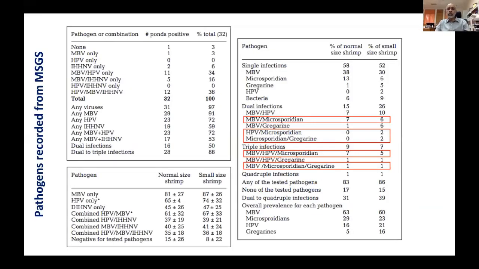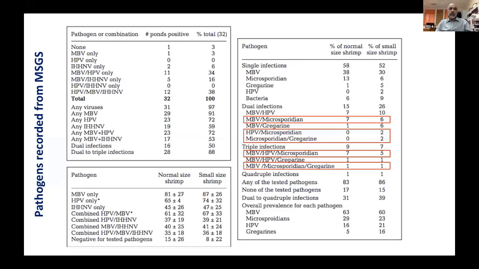However, this was not only in Thailand, and also, as I have shown you in other disease conditions, people have been looking at different pathogens. You can see here they have reported monodon baculovirus, MBV, a microsporidium, Gregarines, HPV, that is hepatopancreatic parvovirus. So a range of pathogens have been reported from slow-growing animals.